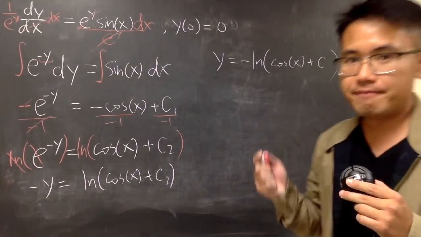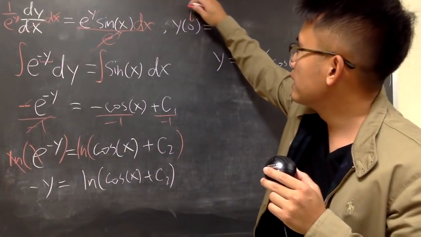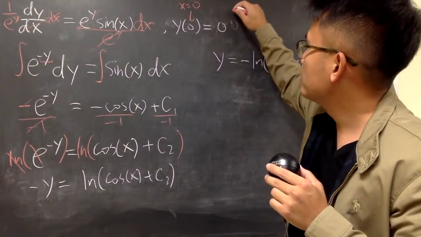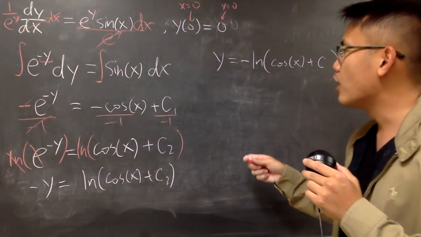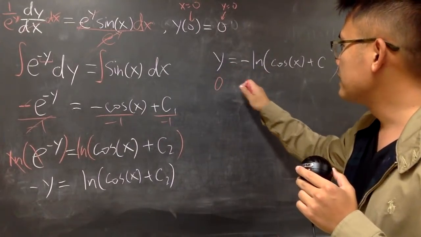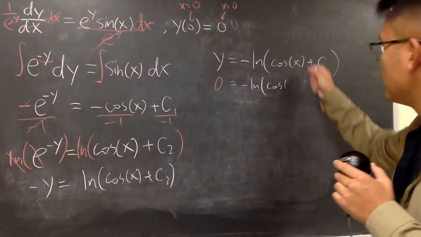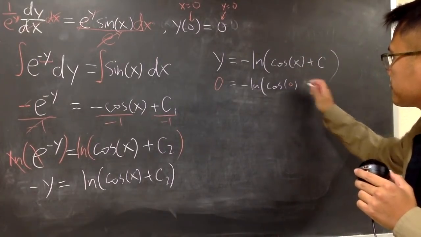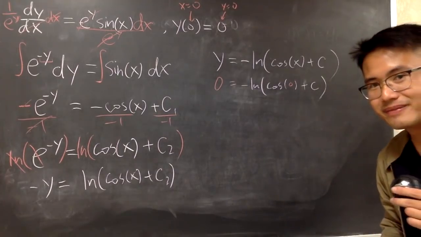All right, now, to find out what this c is, come back to here. This tells us x is equal to 0 and y will be 0. So I will just put this down. y is 0. That's equal to negative ln cosine of x, where x is 0 here, and we add c to that like this.